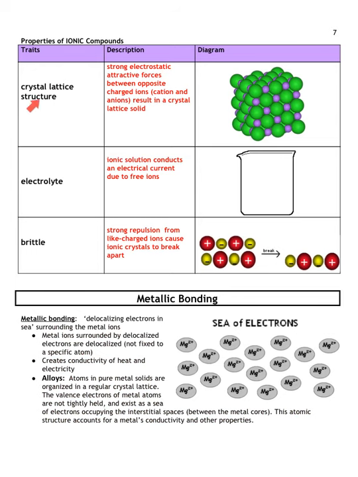So let's talk about crystal lattice, some properties of ionic compounds, one of which is the crystalline structure. And the word lattice, if you think of a lattice pie, usually has an interlacing between a top and a bottom layer. There's a repeating pattern basically.